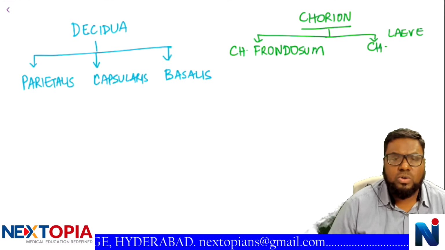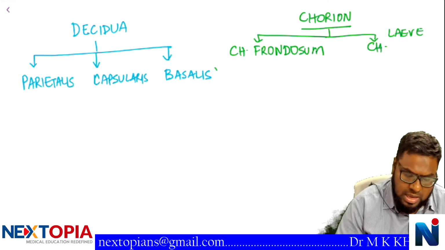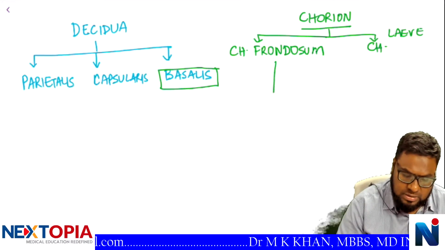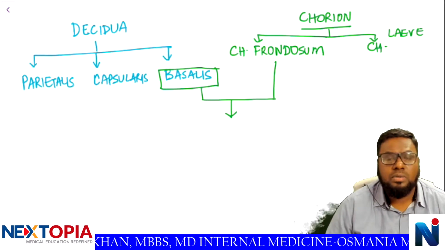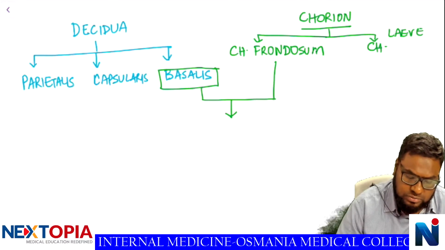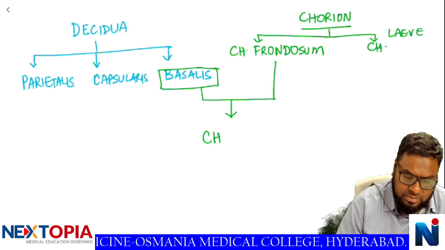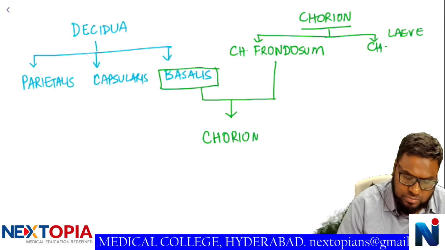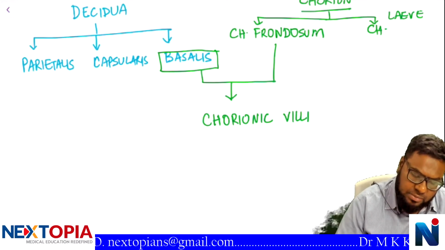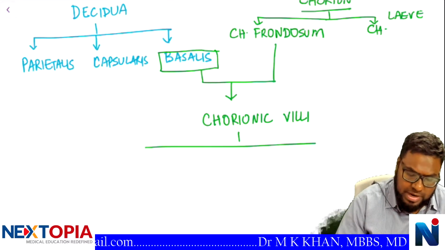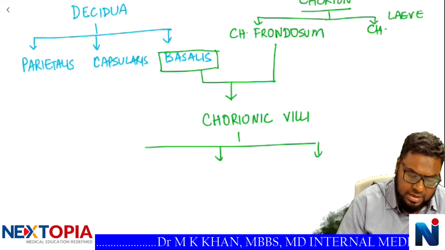The chorion frondosum and the decidua basalis are both responsible for formation of the chorionic villi. These chorionic villi are divided into primary, secondary, and tertiary villi.